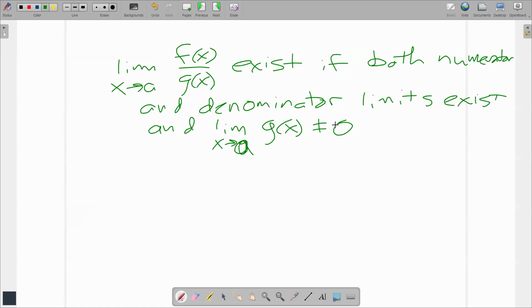A couple ways you can write that. That justifies what we said earlier too.